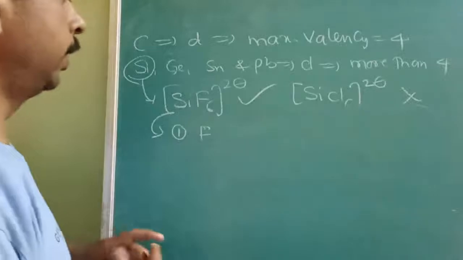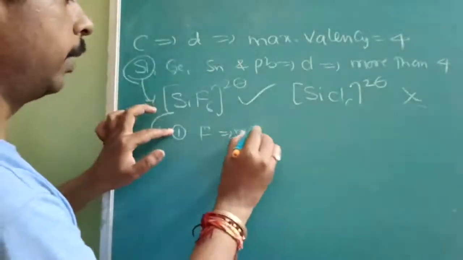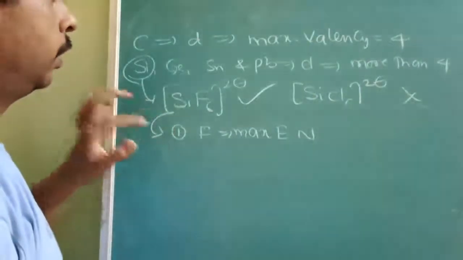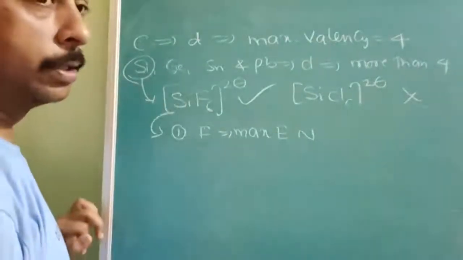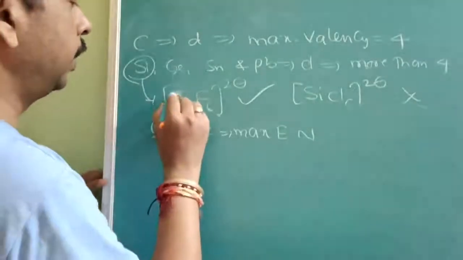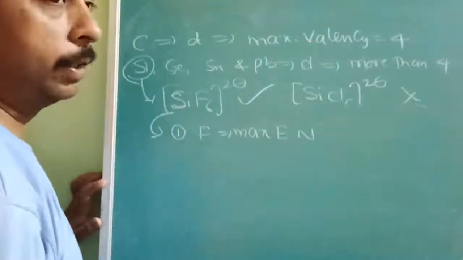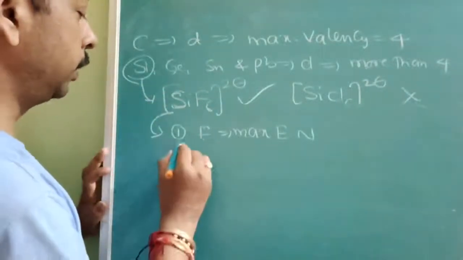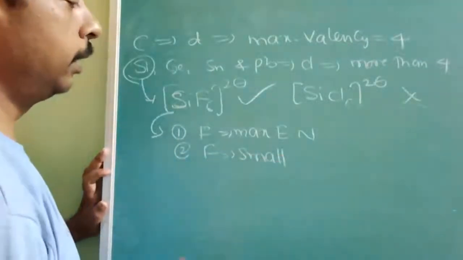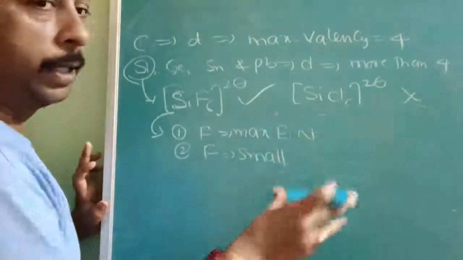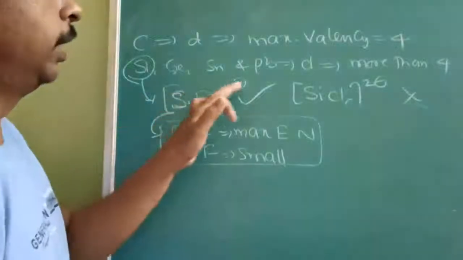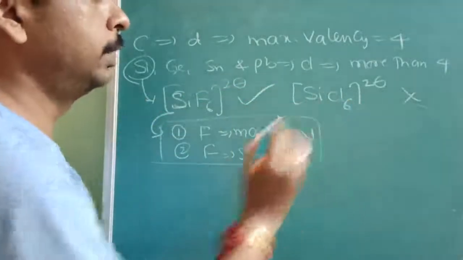Another reason is that fluorine has the maximum electronegativity, so it can extend the valency of the central element and achieve its highest covalency. Because of these two reasons, SiF6 2 negative exists but not SiCl6 2 negative.